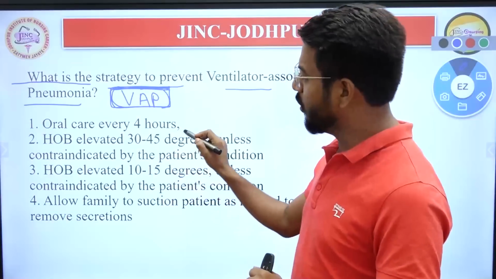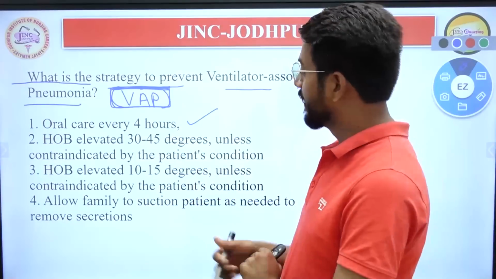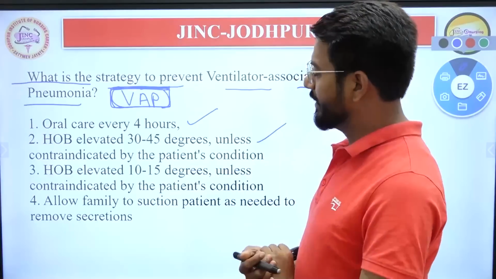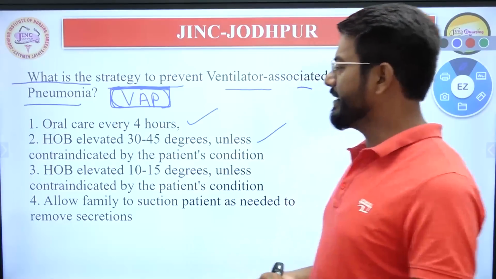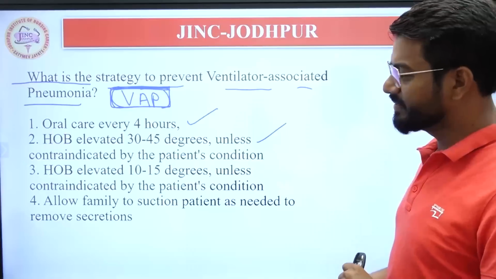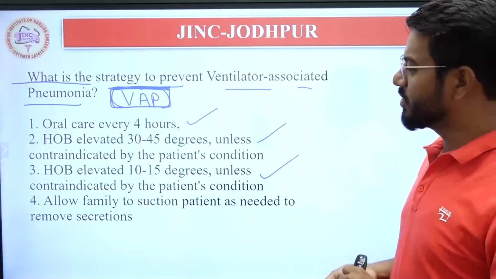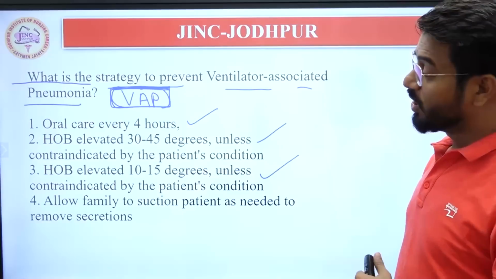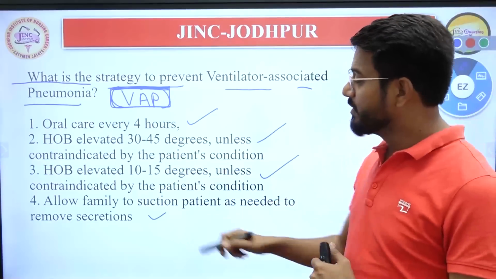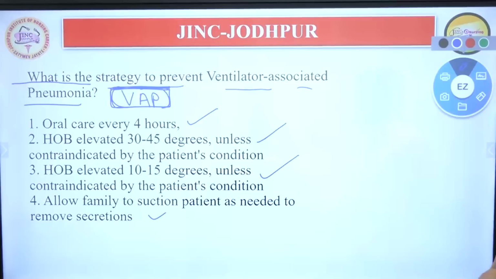Options are, first one, the oral care every 4 hours; the head of the bed elevated 30 to 45 degree unless contraindicated by the patient condition; head of the bed is elevated 10 to 15 degree unless contraindicated by the patient condition; or option number D, allow the family to suction the patient as needed.